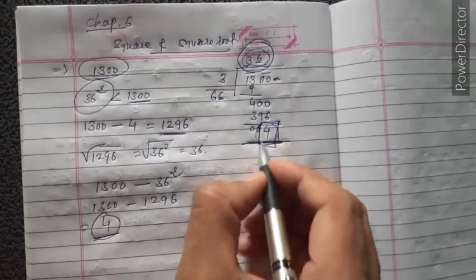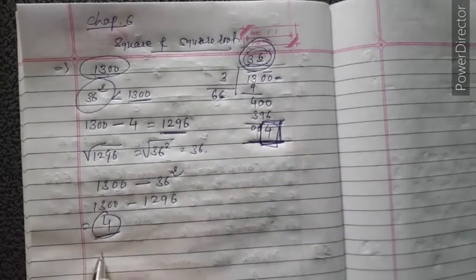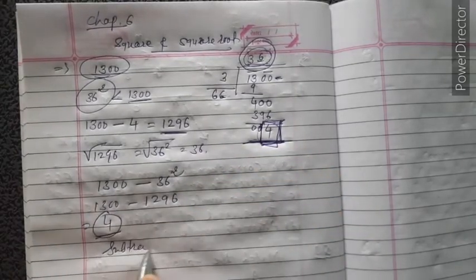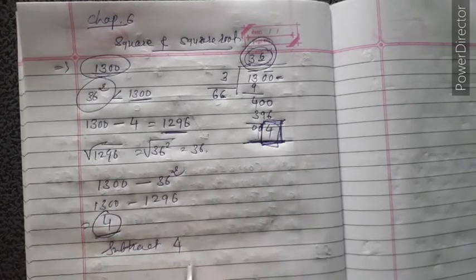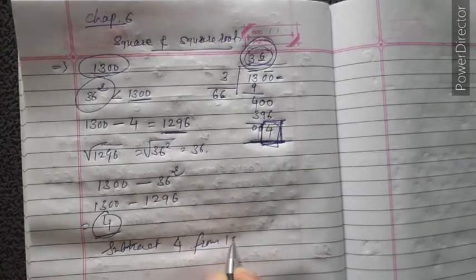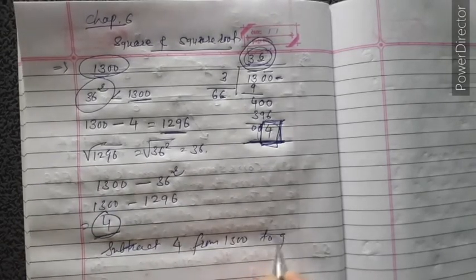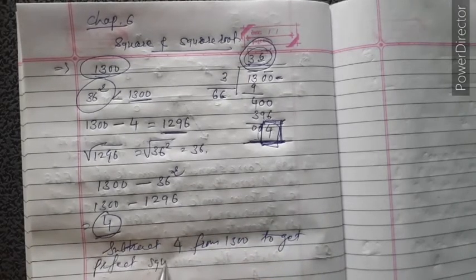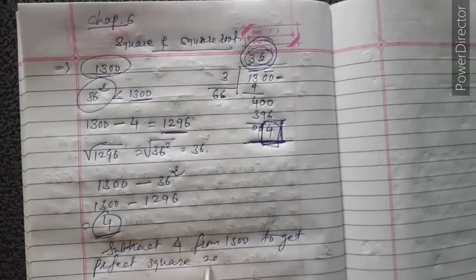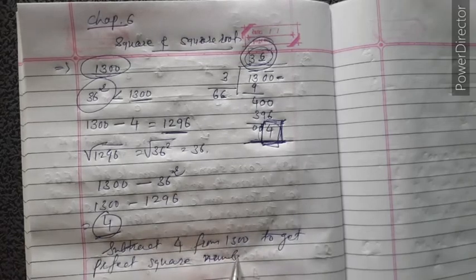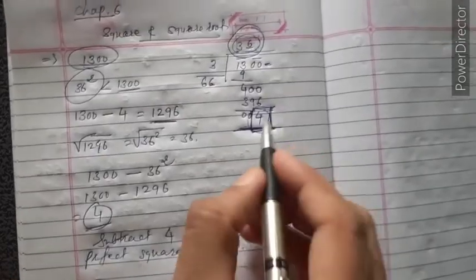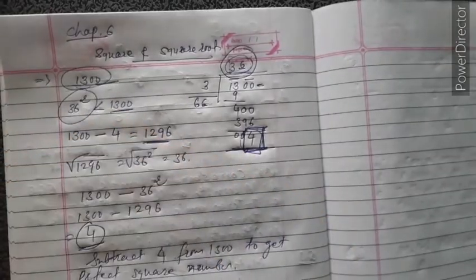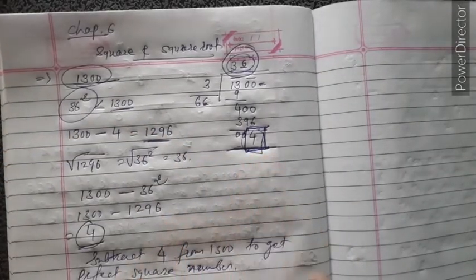Directly we get the remainder, meaning subtract 4 from 1300 to get a perfect square number. That means in the division method, just subtract the remainder from the given number to get a perfect square number.